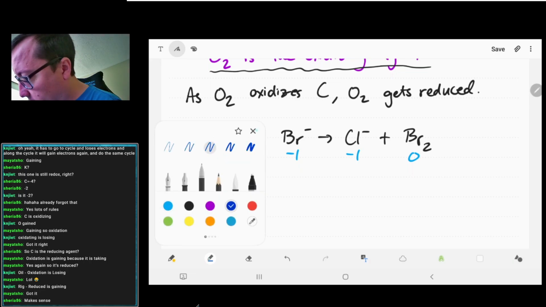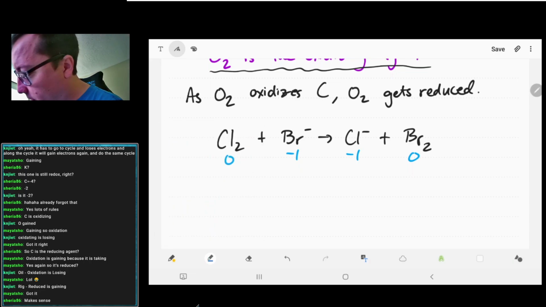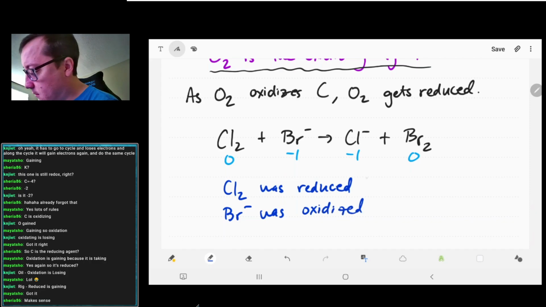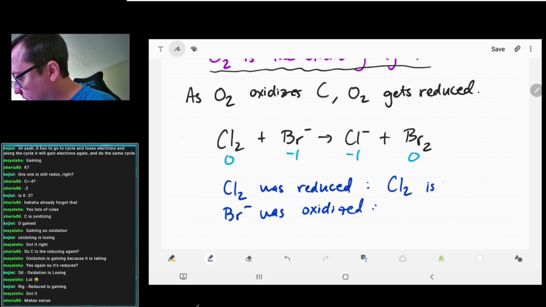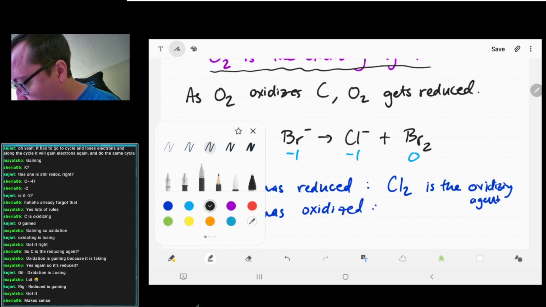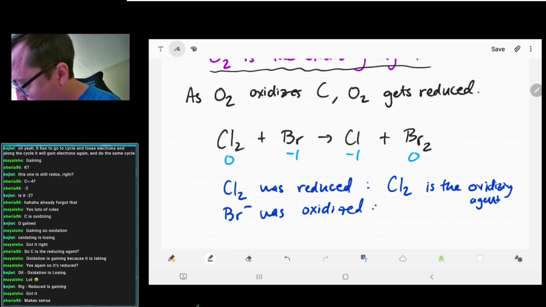And so, if we go ahead and look, we remember that chlorine was reduced and Br minus was oxidized. So that means for us Cl2 is the oxidizing agent. I forgot we're going to have to put our sodiums back in here. One sec.